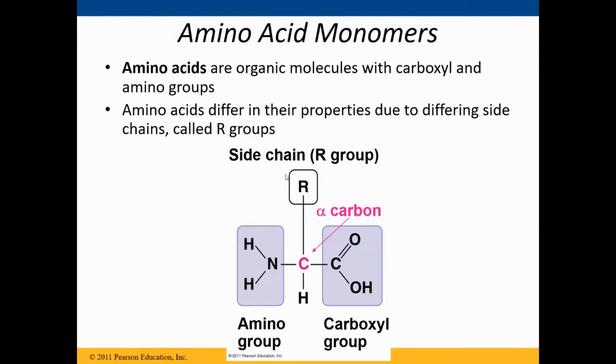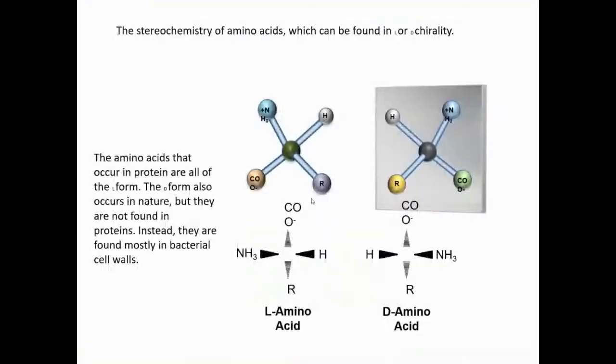The difference is only this R group. Amino acids differ in their properties due to the different side chain, which is the R group. A different R group will give you a different amino acid, with a different property.